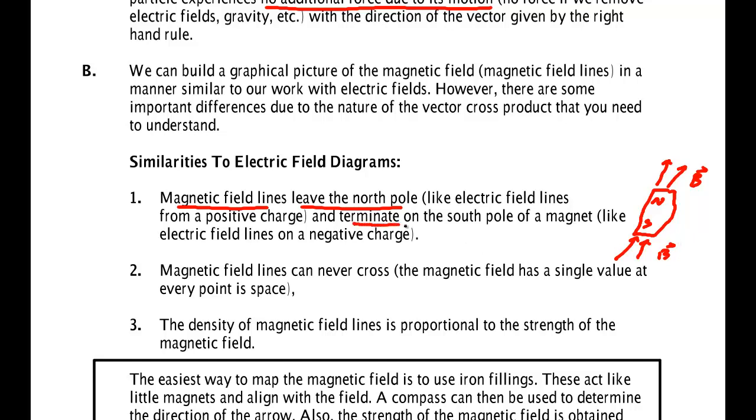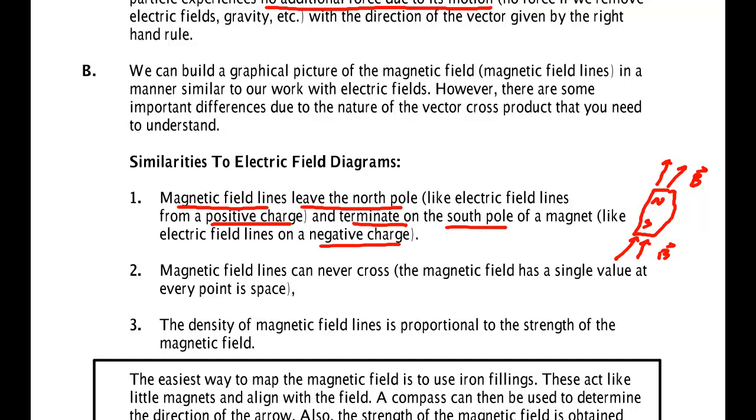So they terminate on the South Pole like a negative charge for an electric field line, and they leave the North Pole like electric field lines leave positive charges. So in that sense, they're similar.